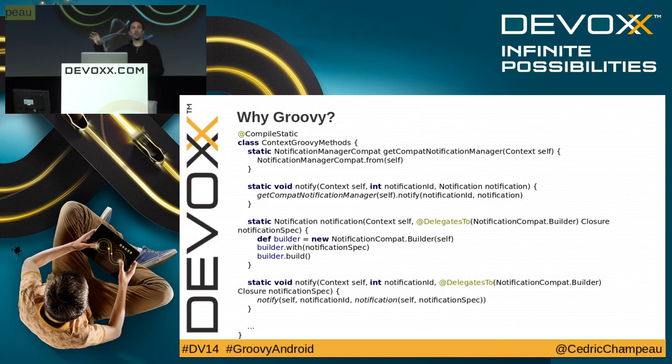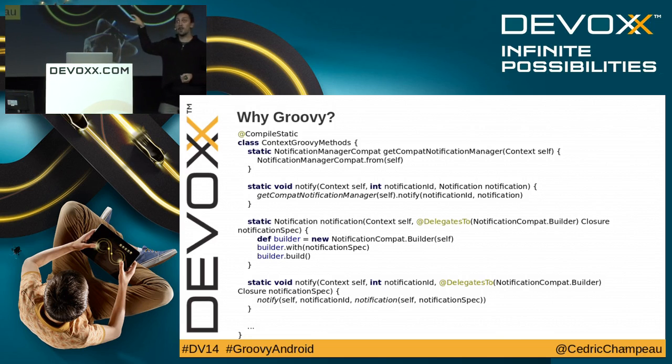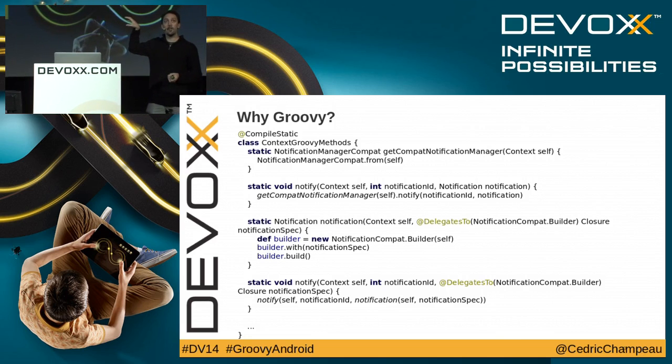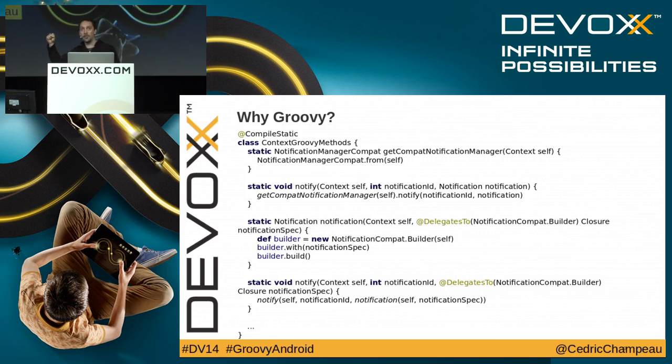So Groovy lets you extend existing classes, even classes that you didn't write. This is a very important point. And this is the very reason why the Android Java code has to be that verbose. It's because you cannot extend existing classes.